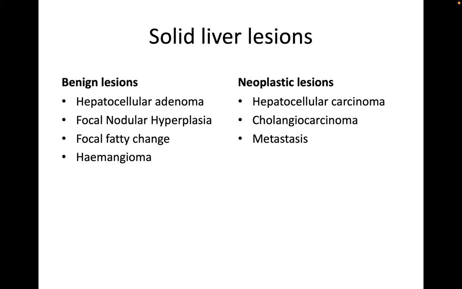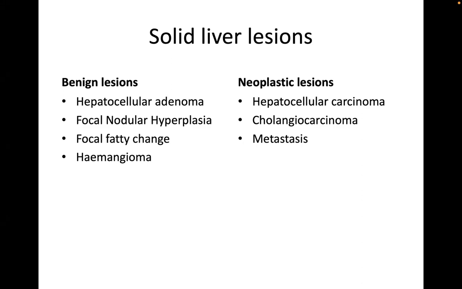So the solid liver lesions, I've characterized them, the common ones, as the benign lesions, and then the neoplastic lesions. The benign lesions that we have are the adenoma or hepatocellular adenoma, focal nodular hyperplasia, focal fatty change, or focal fatty infiltration.